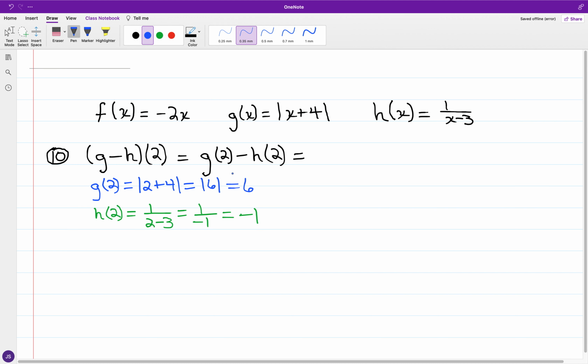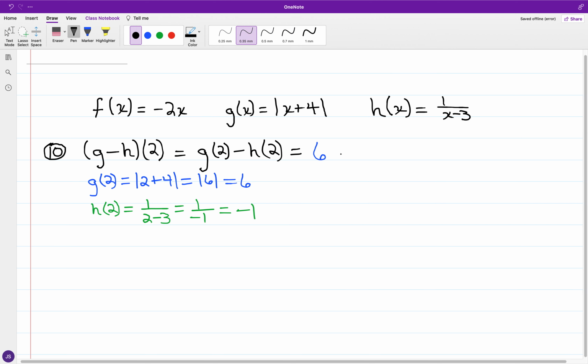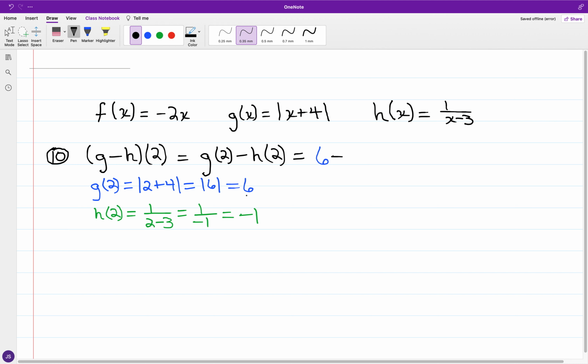Following through, for g minus h of 2, we got g of 2, which is 6, minus h of 2, which is negative 1. So we got 6 minus negative 1, and this will translate to 6 plus 1. And so the final answer is going to be 7.